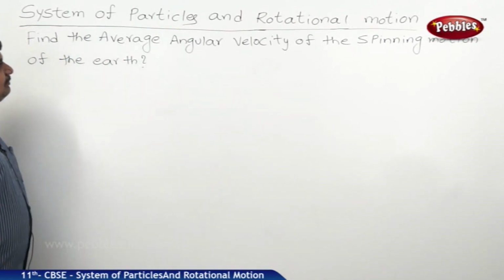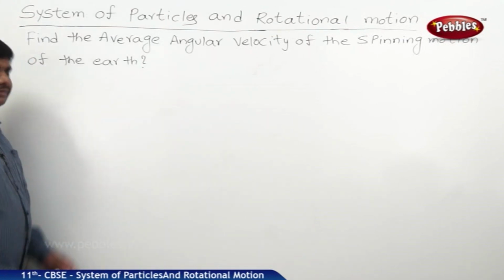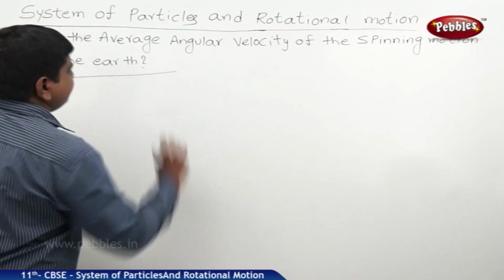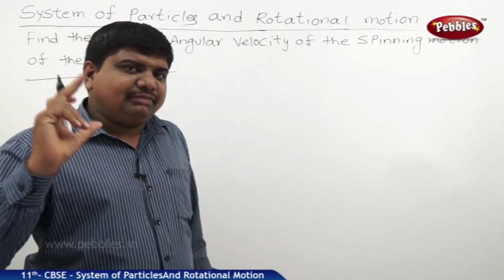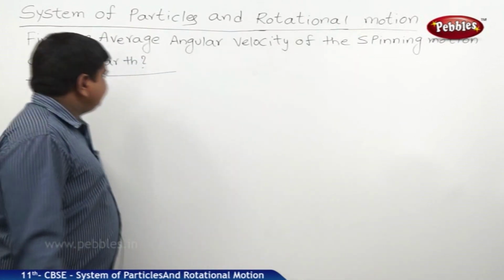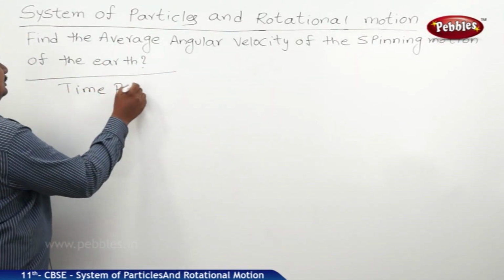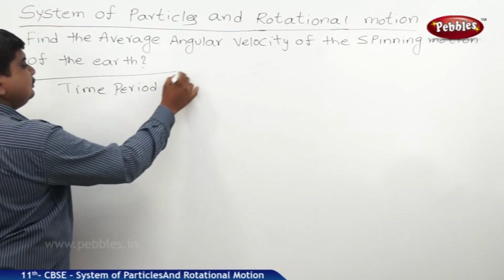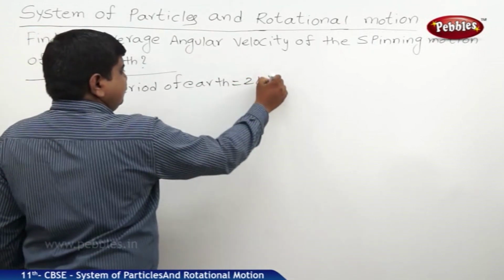The question is: find the average angular velocity of the spinning motion of the earth. Earth takes 24 hours to complete one complete rotation. So the time period of earth is 24 hours.